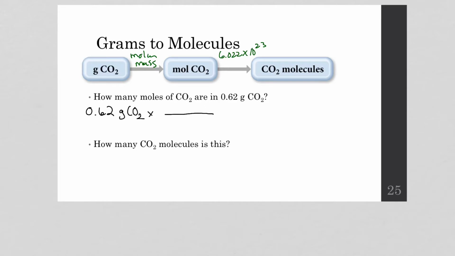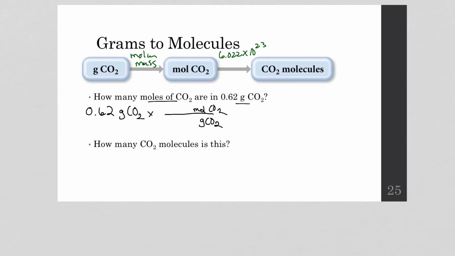And if I want to convert from grams into moles, the key is my molar mass. So I'm going to have grams on the bottom because I want to cancel out my units, and on top, I'm going to have moles of CO2 because that's my desired unit. And I need to know the molar mass of carbon dioxide.